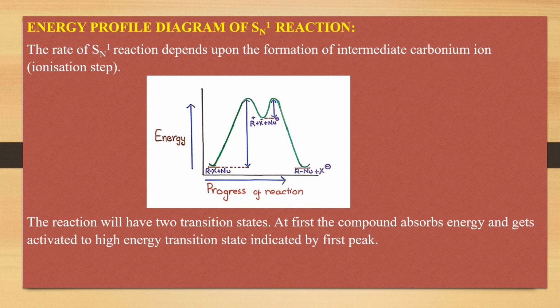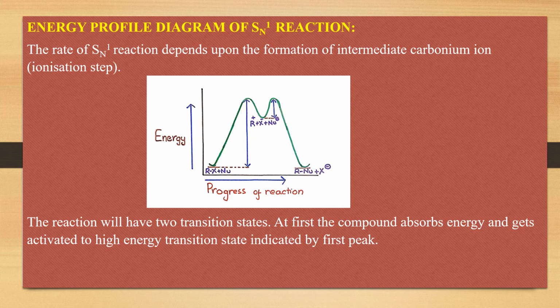Next, the energy profile diagram of the SN1 reaction. We have plotted a graph between progress of reaction, that is the SN1 reaction, and energy. We all know that the rate of SN1 reaction depends on what, students?